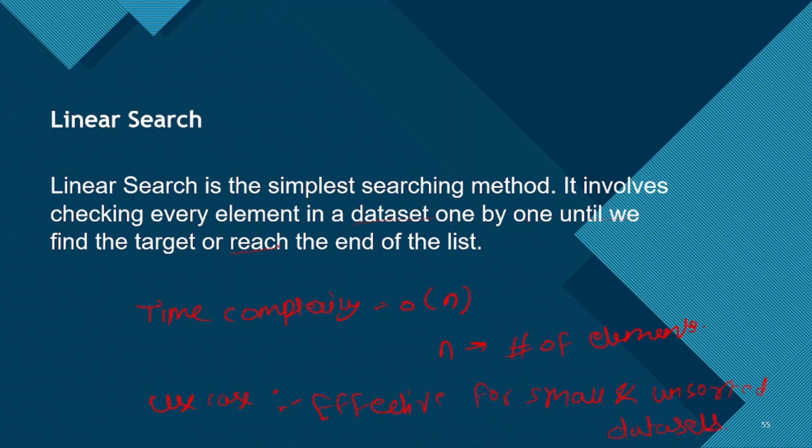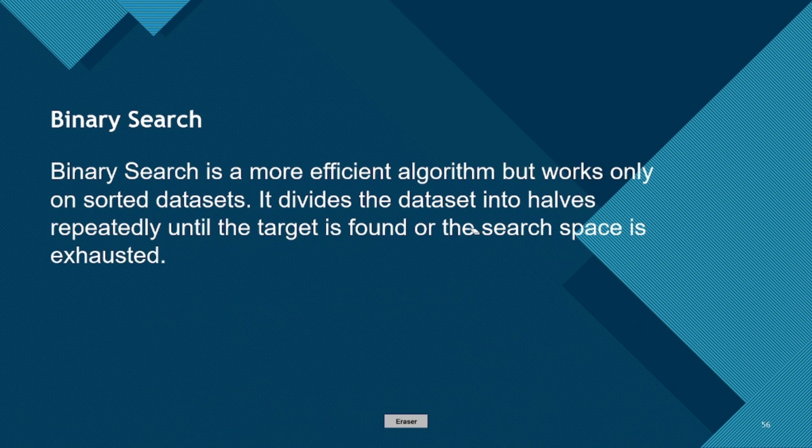So the next one is binary search. Binary search is a more efficient algorithm but works only on sorted data, because linear search works on an unsorted dataset but binary search works on a sorted dataset. It divides the dataset in half repeatedly until the target is found or the search space is exhausted.